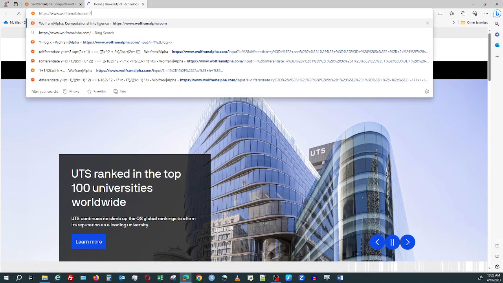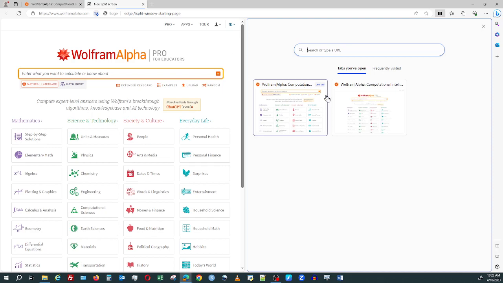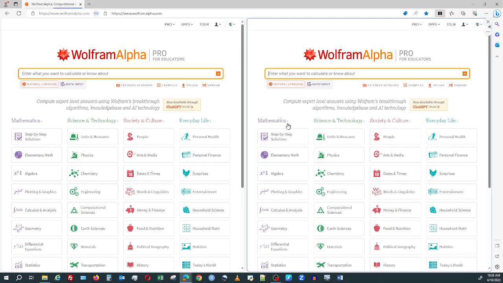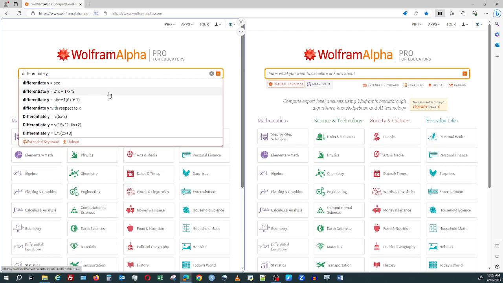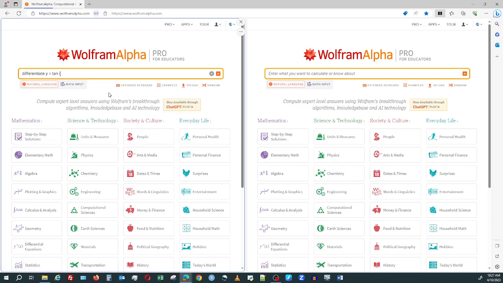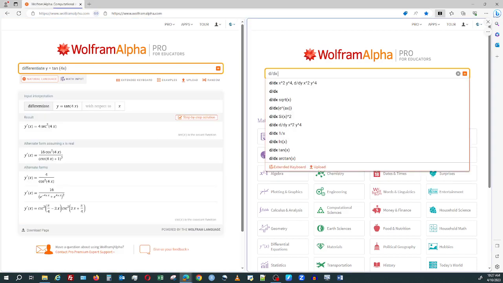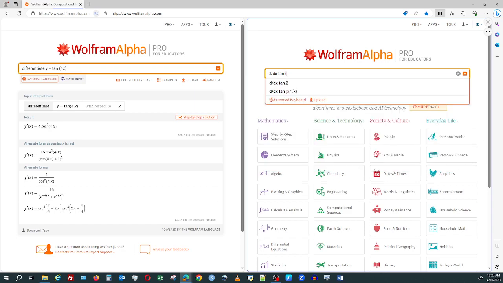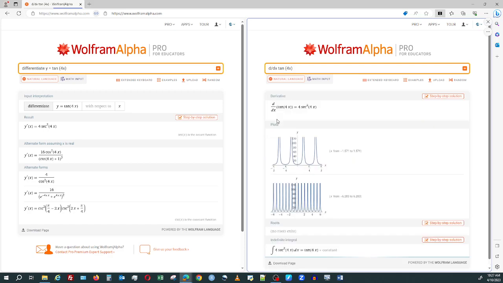And the feature to it is that you can split the screen and do it like that. So if you want to do it side by side, differentiate y equals tan 4x. Let's see, or you can do it the expression way, d dx tan 4x. See if it makes any sense of that.